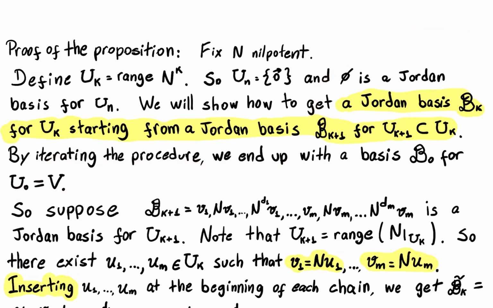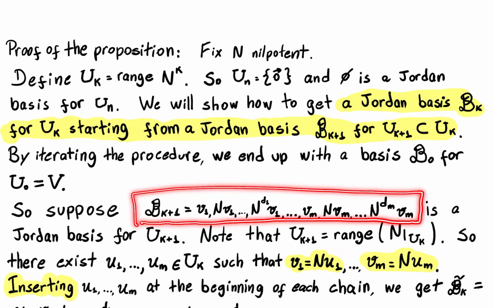So let's show this. Suppose we have a Jordan basis, and we know a Jordan basis always has this form. It is a vector, then n applied to this vector, then n applied again, and so on, until at some point you get a vector that if you applied n again, you would get 0.